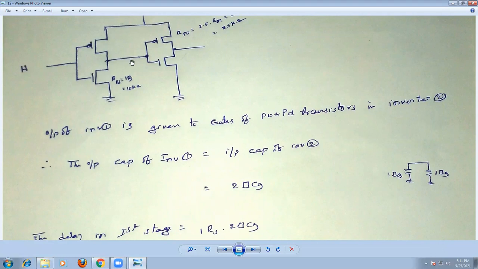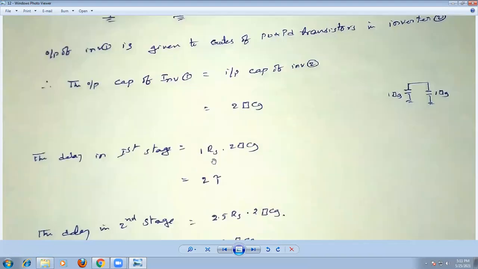There is 1 square Cg plus 1 square Cg, that means 2 square Cg. This value into 1 time Rs. So delay in the first stage is 1 time Rs into 2 square Cg. So 1 into 2 is 2, Rs into 1 square Cg is equal to tau, so it is equal to 2 times tau.